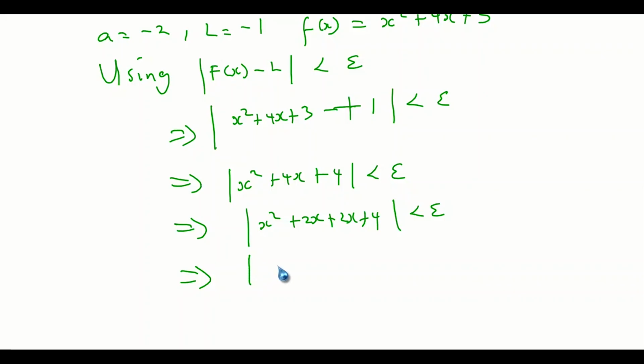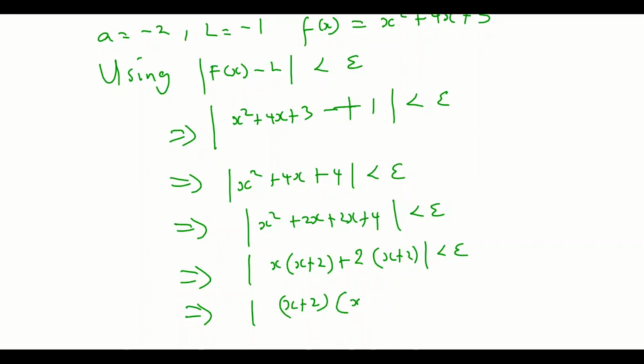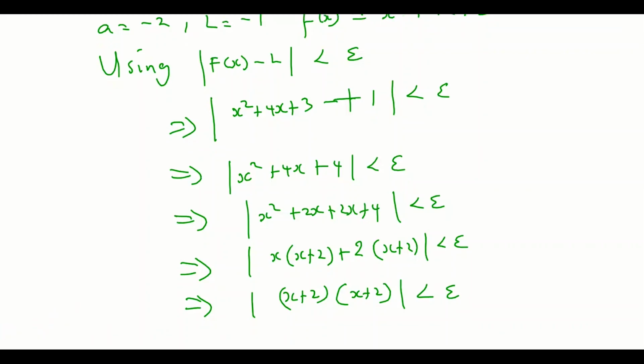So this will be the absolute value of x into x plus 2 plus 2 into x plus 2, less than epsilon. So this one, what does it mean?